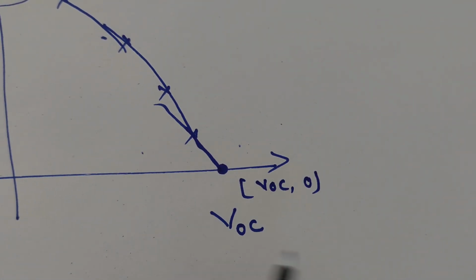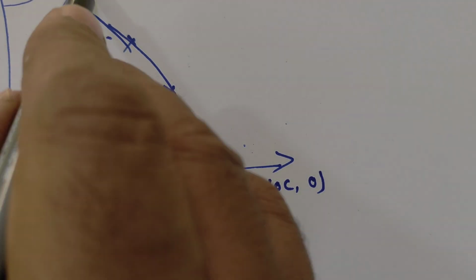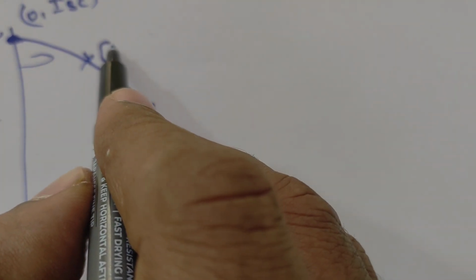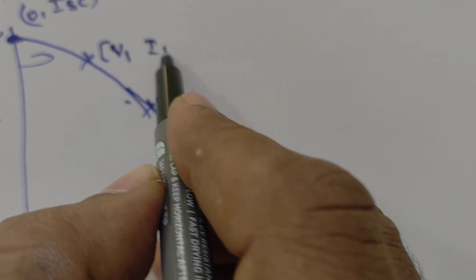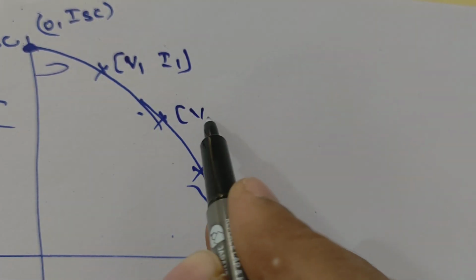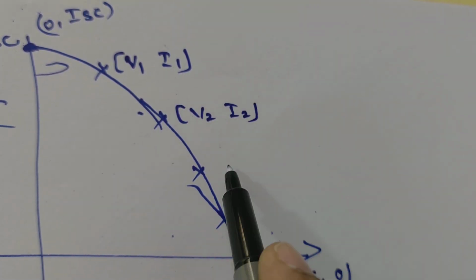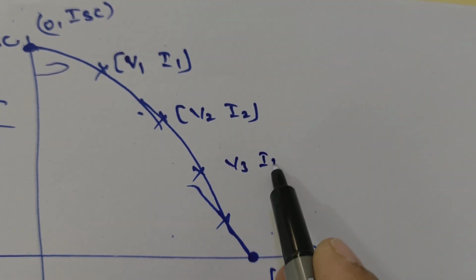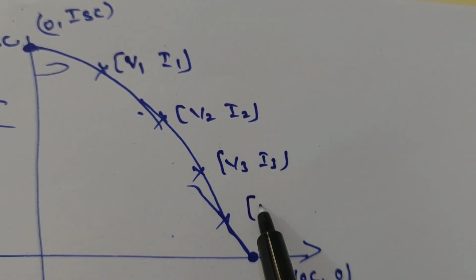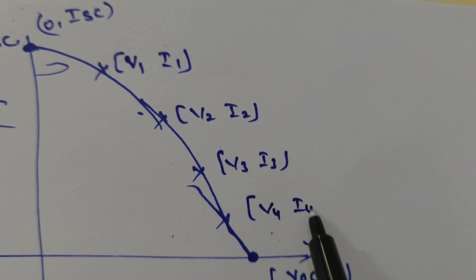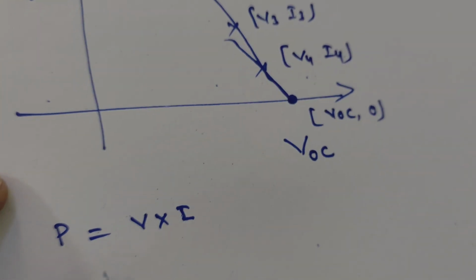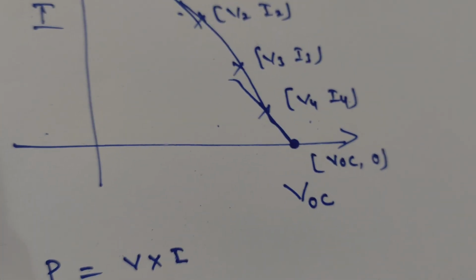Similarly, here I take the points V1, I1, V2, I2, V3, I3, V4, I4. So the power P is equivalent to V into I.